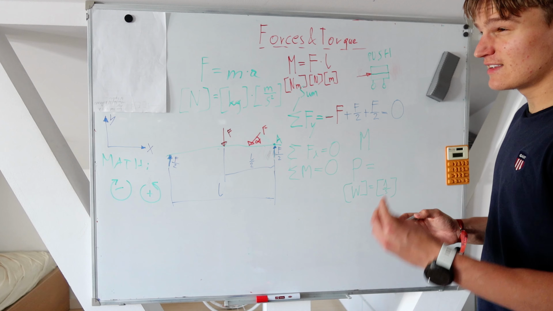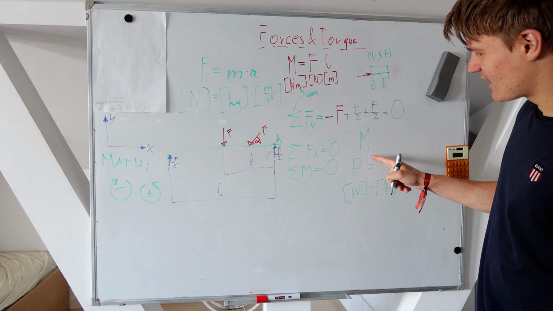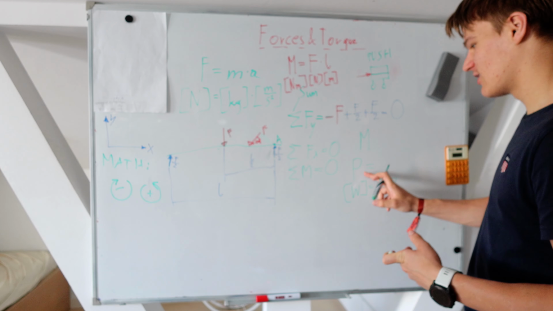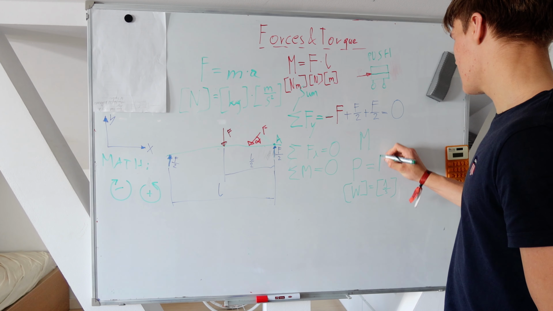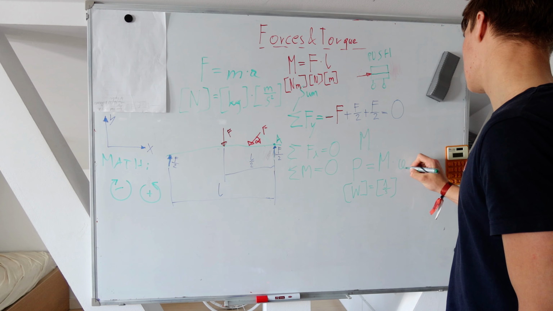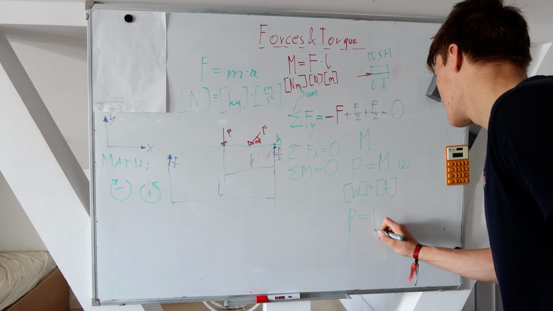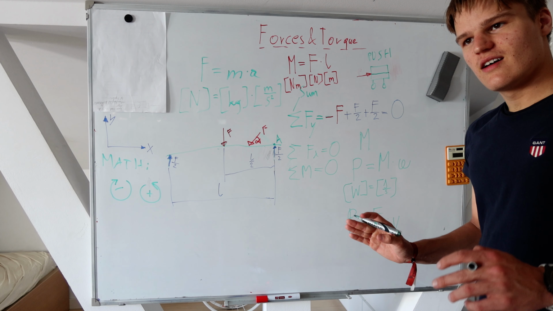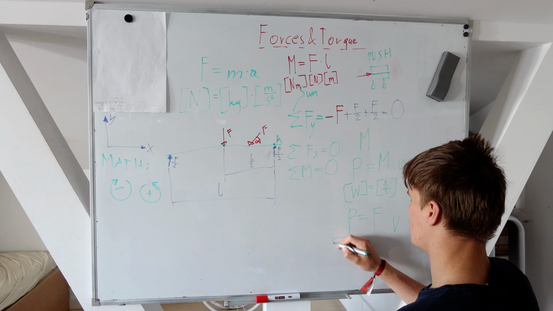And maybe you guys can think of something in which we can actually put the M or the F in some kind of formula that we can actually calculate this. So I'm going to actually solve this for you guys. So P is M times omega is one formula, and then we also have P is F times v in one formula. I'll not get into detail, I will just maybe write down the units.